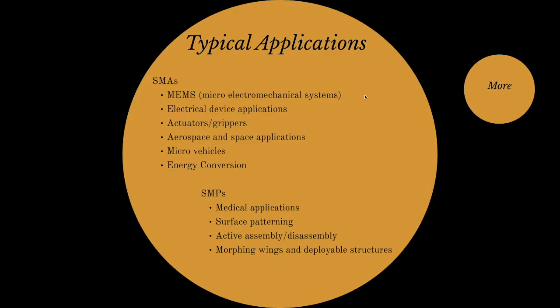It's already well established, especially in this area. And then for the polymers, mostly it's used for medical applications, surface patterning, making patterns for this surface, for assembly, disassembly, and then for morphing wings and deployable structures.